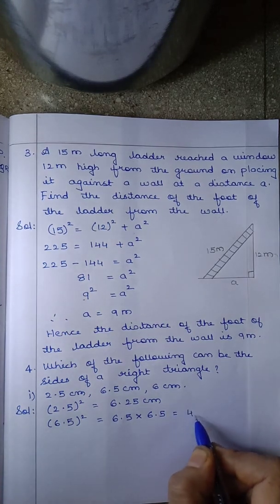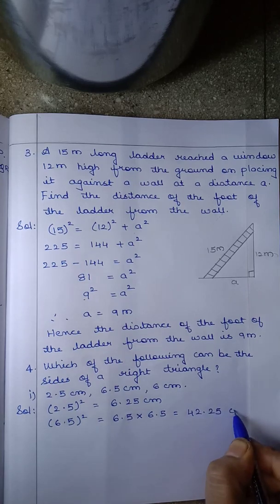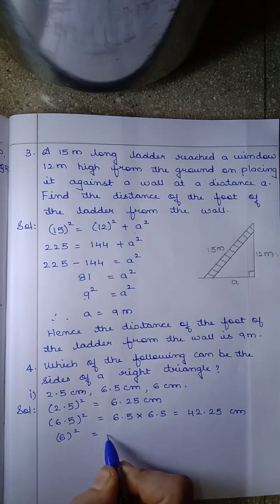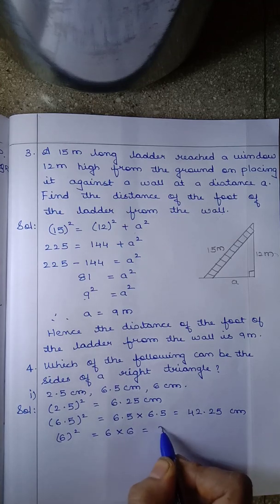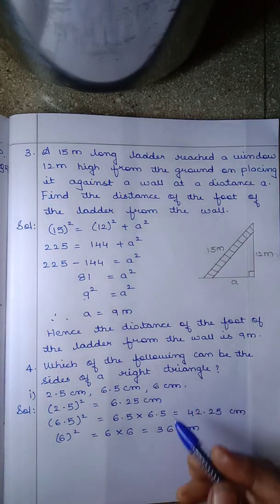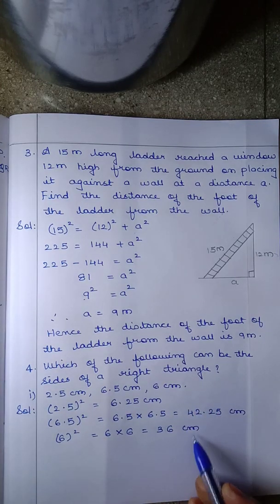If you multiply, you are going to get 42.25 centimeter. Next, 6 square. 6 square means 6 into 6, that is you will get 36 centimeter. Okay, now you got the squares of all the three sides.